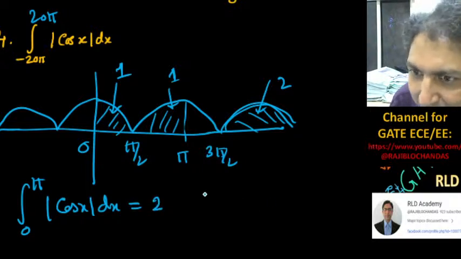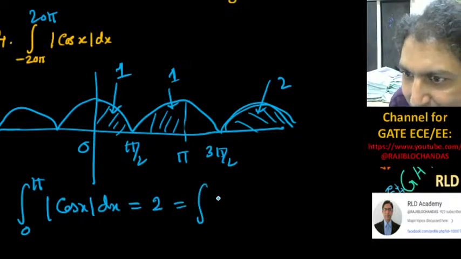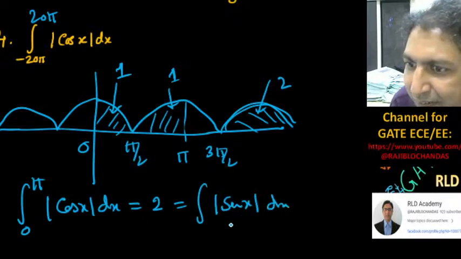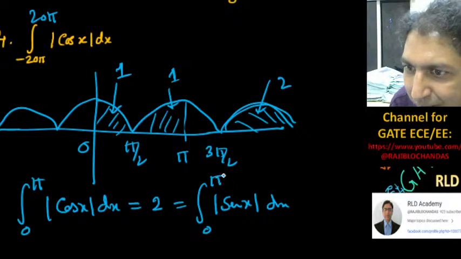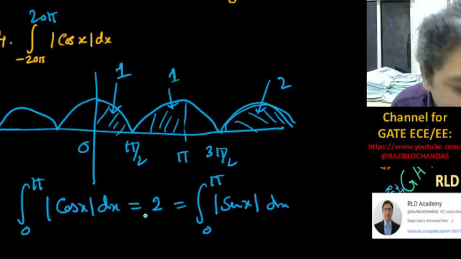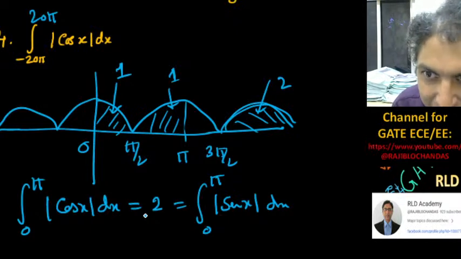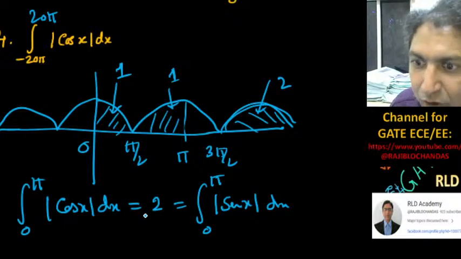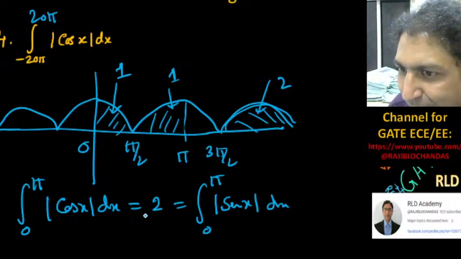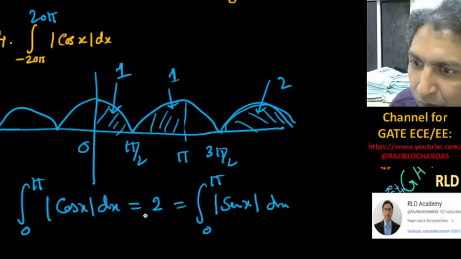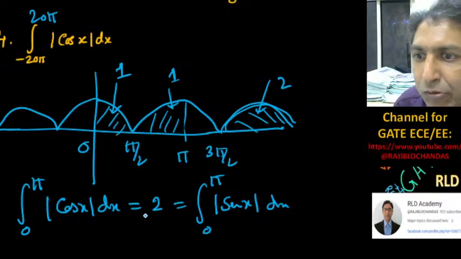Very similarly, if I consider mod sin x dx, again 0 to pi, again it will remain 2, because sin x cos x shape will not change, it's periodic. So this is very useful. So mod of sin x, if I consider 0 to pi, then also I will get 2. Mod cos x or sin x doesn't matter, so its value will remain 2.